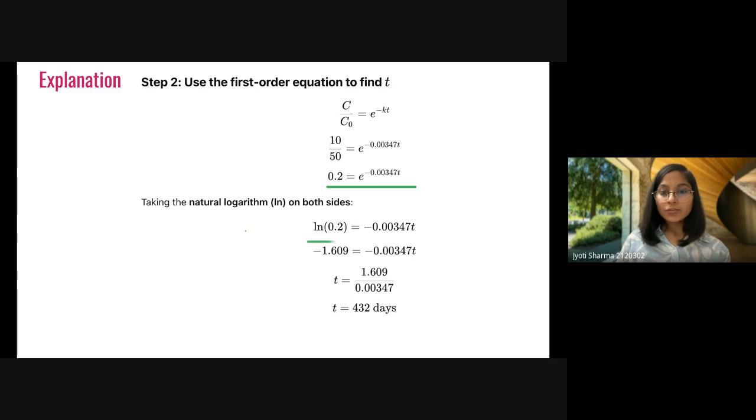If we take the natural log on both sides, then we will remove this e, and this is how we can calculate this t value, and this t value is equal to 432 days. So this is how we can calculate how much time we need to change our concentration from 50 to 10 microgram per liter.